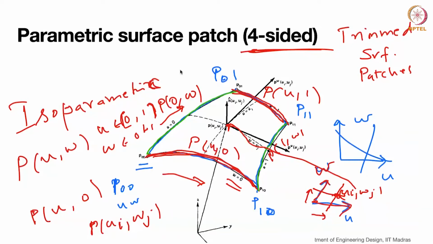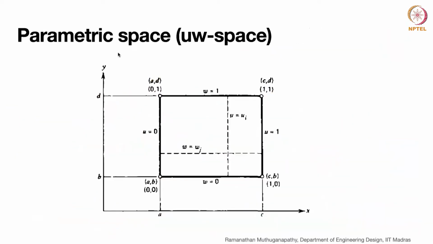Okay, so then we know what an isoparametric curve is. It means one parameter is constant and another is varying. So this is how the surface is on the Cartesian space, and of course I talked a little bit about what is called the parametric space. We can say this is a UW space.